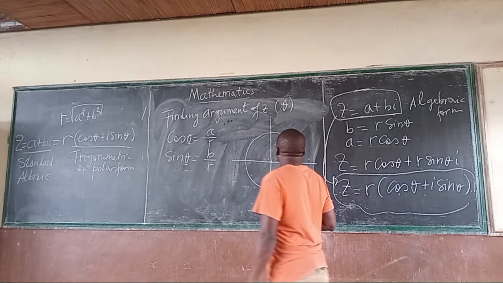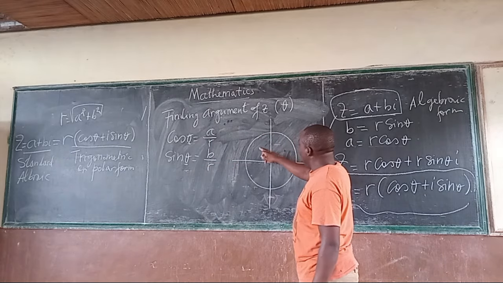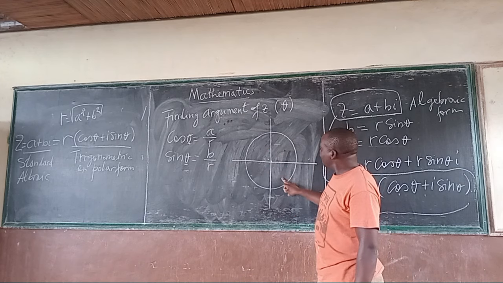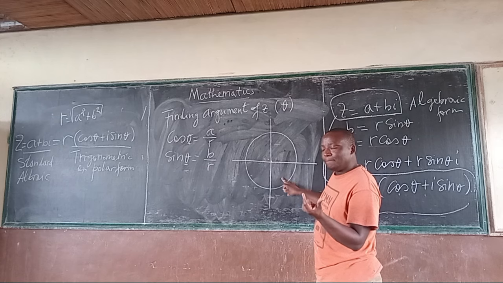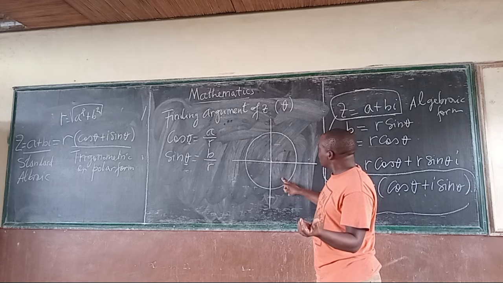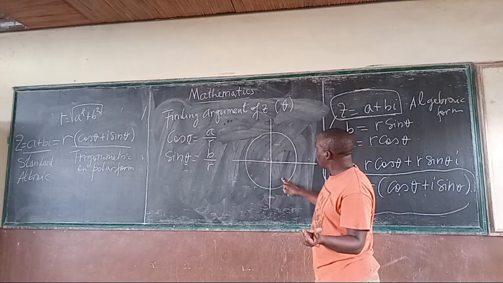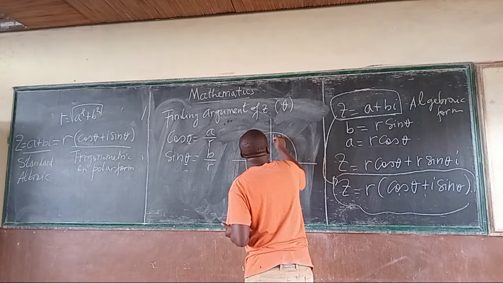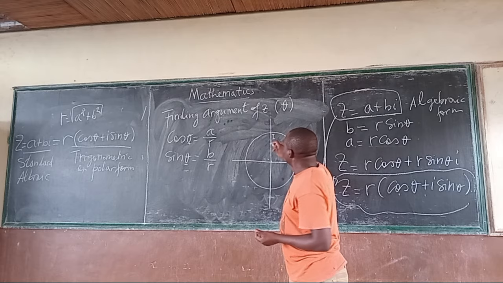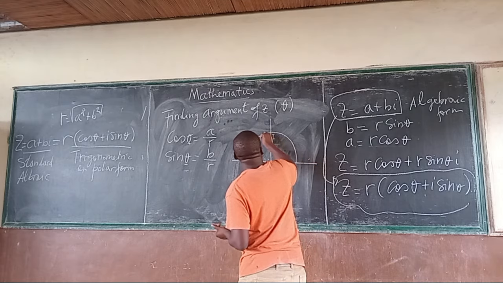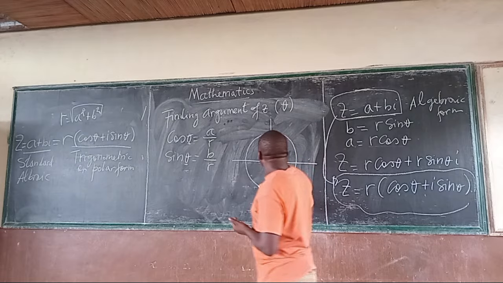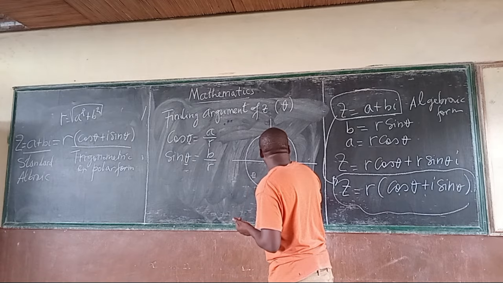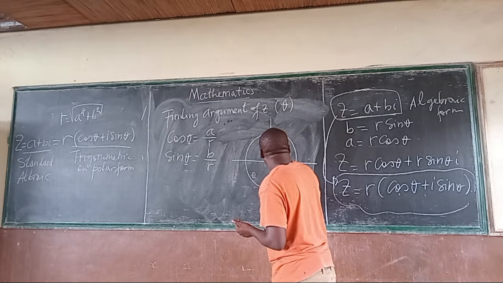I begin with part number 1, the first quadrant. Part number 2, the second quadrant. Part number 3, the third quadrant, and part number 4, the last one, the fourth quadrant.